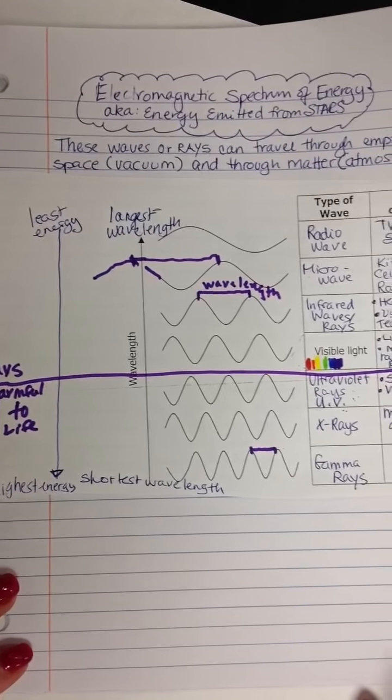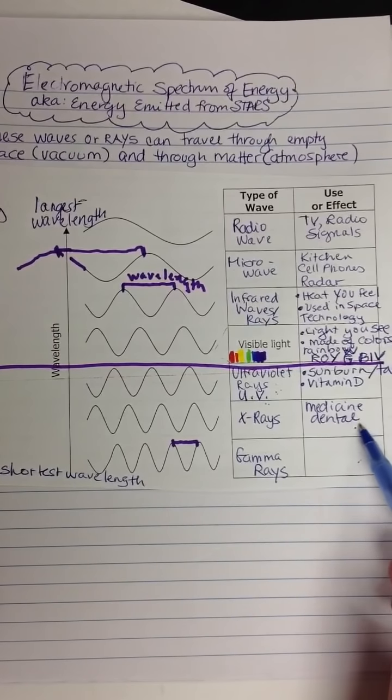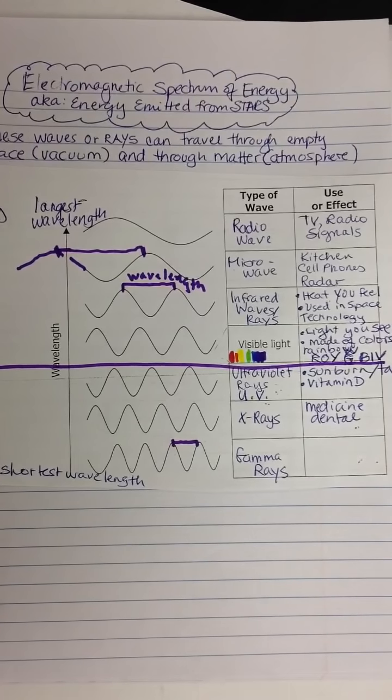Alright, and as far as X-rays go, we get X-rays in medical and dental areas, but when we go into the X-ray arena, we also get areas that we're not X-raying covered with a heavy lead cloak. This is to protect the rest of your body from the X-ray waves that are dangerous.